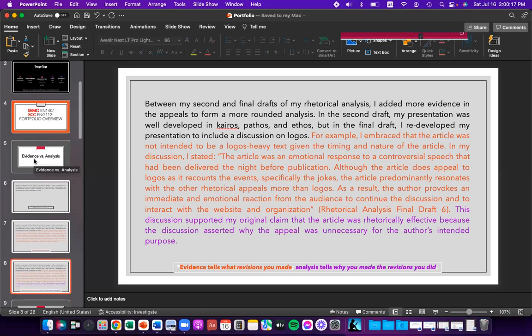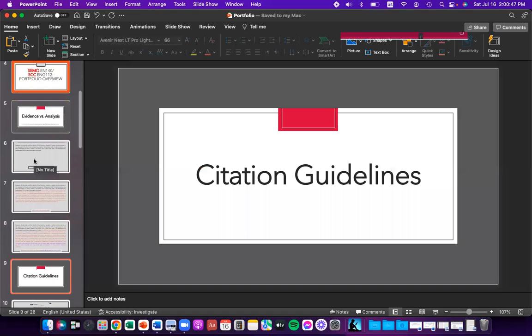This discussion supported my original claim that the article was rhetorically effective because this discussion asserted why the appeal was unnecessary for the author's intended purpose. I hate that sentence. The analysis says why you made the revisions you did. So the orange is all about what revisions you made. The purple is all about why you made those revisions and why those revisions were important. The analysis part is really, really important.